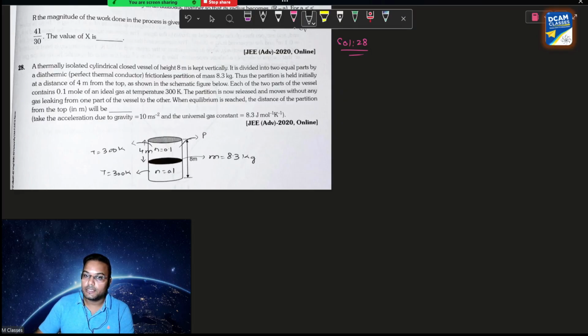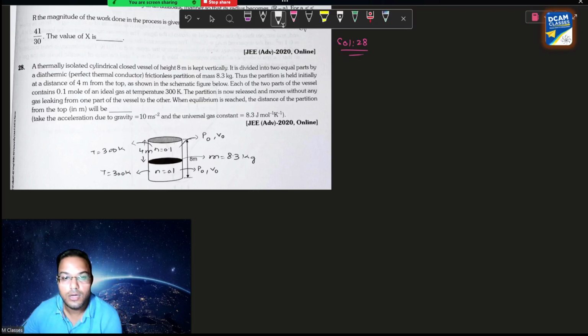Let initially the pressure be P naught in both the cases, and volume be V naught. Or you can say the whole volume is V naught, so the volume here will be V naught by 2, V naught by 2.